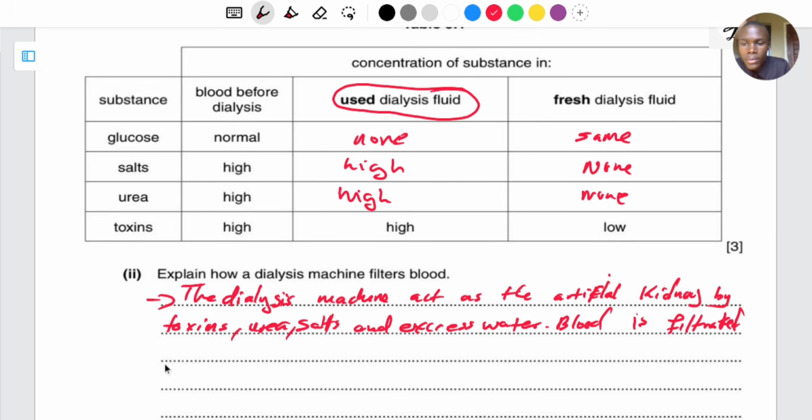These other substances are filtered out because they are small, but blood is too big to pass through the dialysis tube.